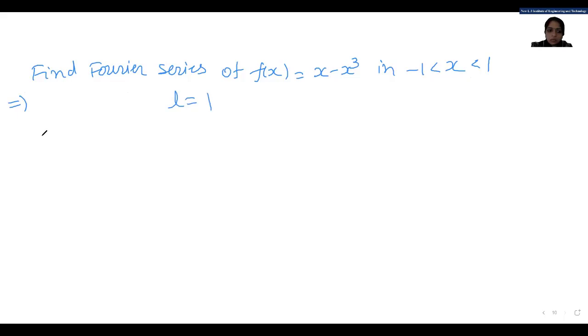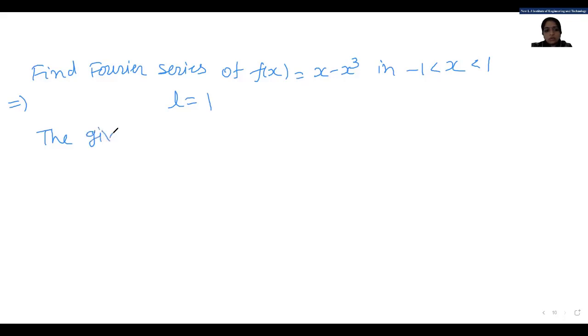Okay. Now, as the given integral is minus 1 to 1, minus L to L, we have to check whether the given function is even or odd or neither even nor odd.